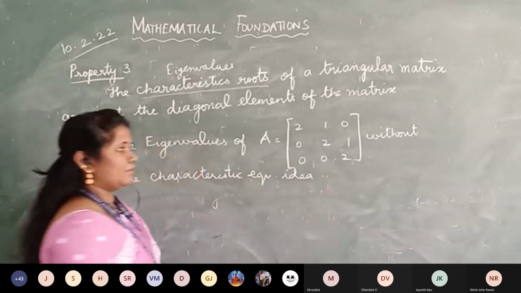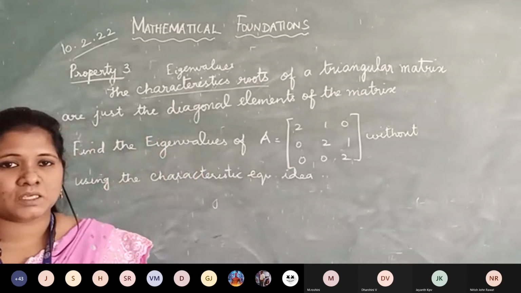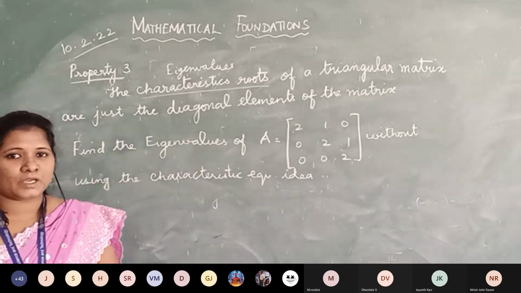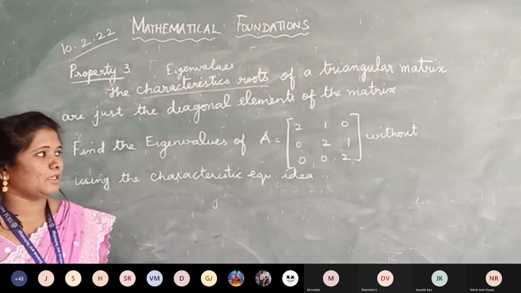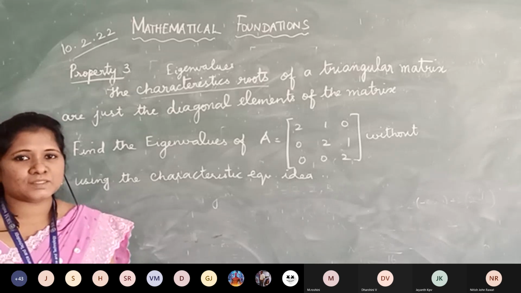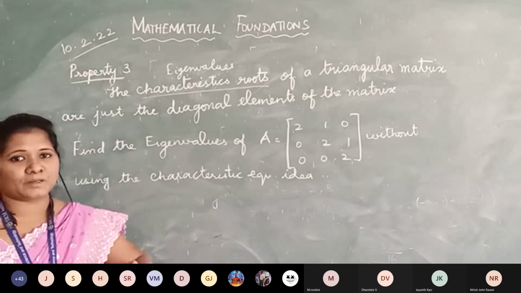So in the question itself, they've given that you must not use your characteristic equation. You must not find your characteristic equation and then get your eigenvalues. So here, what does it imply? It means it is a triangular matrix.